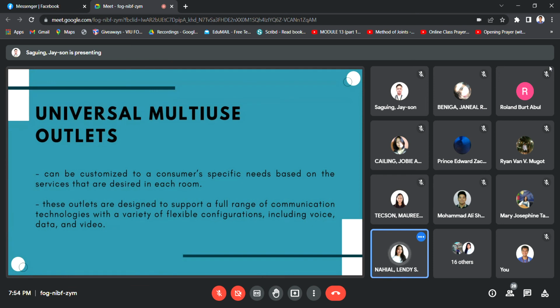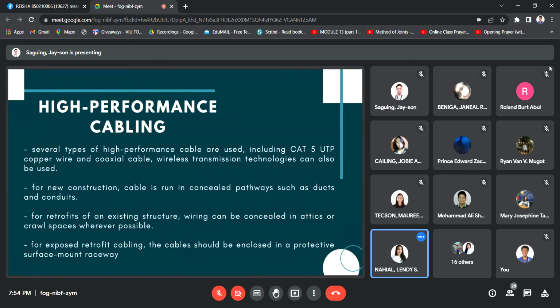The next one. The last component is high performance cabling. Several types of high performance cable are used, including CAT5 UTP copper wire and coaxial cable. Wireless transmission can also be used. The book mentions, though it isn't in the PPT, that in the future fiber optic cable may eventually become a medium of choice for some audio video applications.